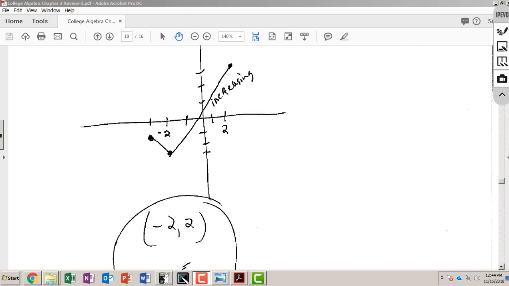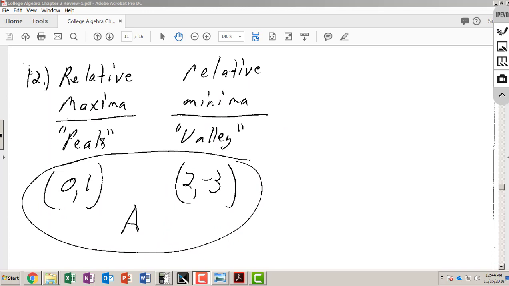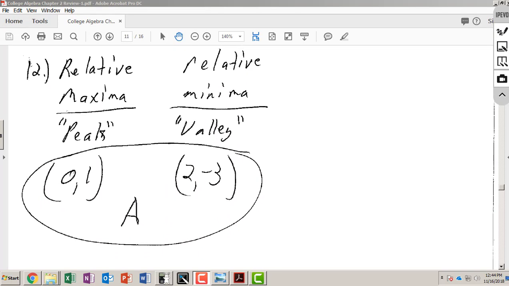Okay, on this next problem, it wants me to find my relative maximum and relative minimum. You'll notice I wrote the word maxima and the word minima. That is just the plural of maximums and minimums.